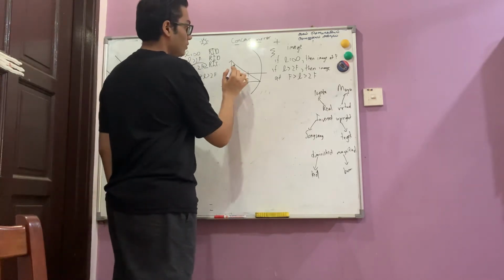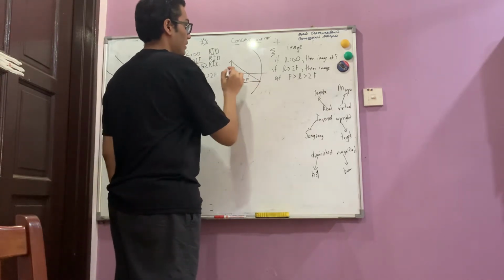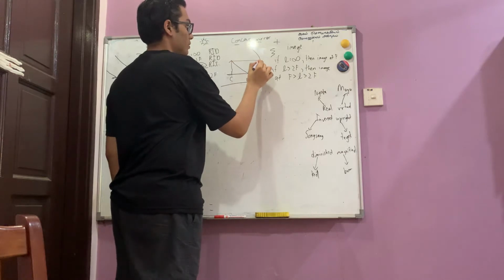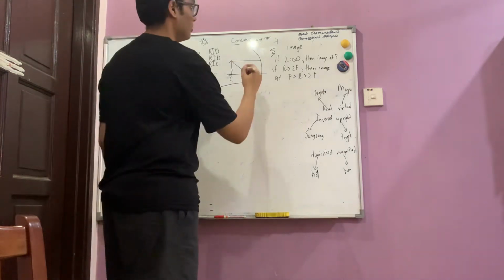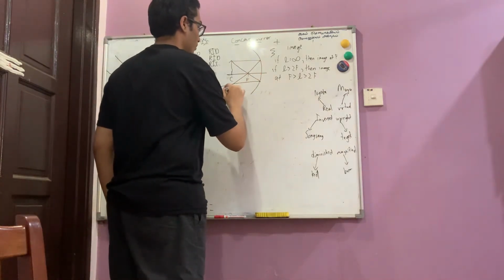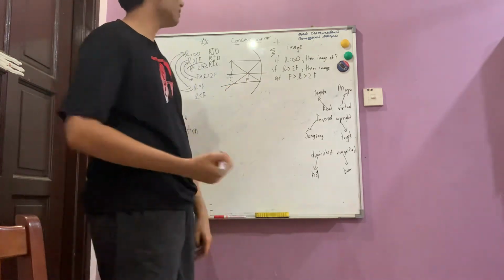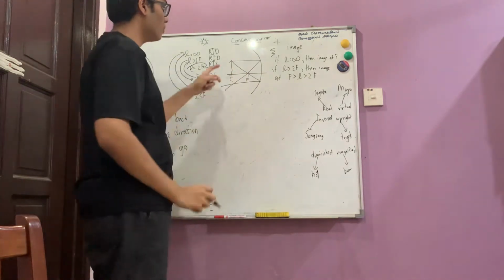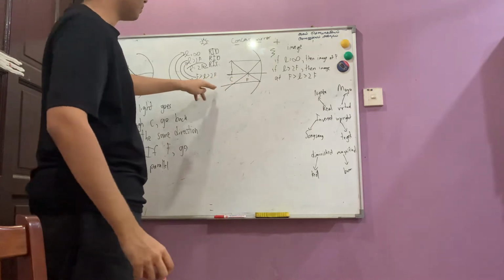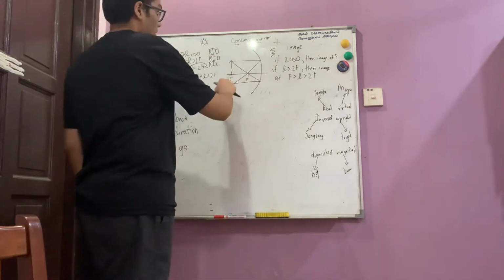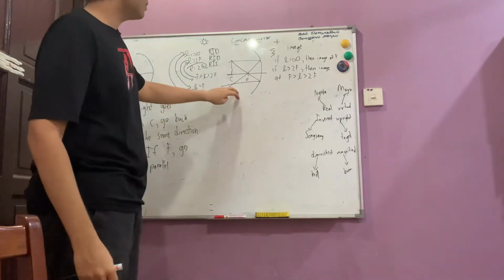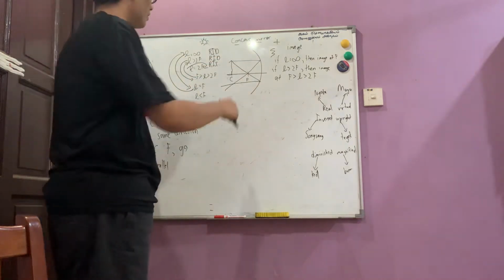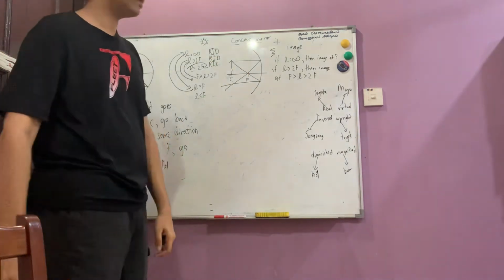If light goes to F and goes straight, it becomes parallel. That means if the light is parallel, it will go back to F. That's how it always works.